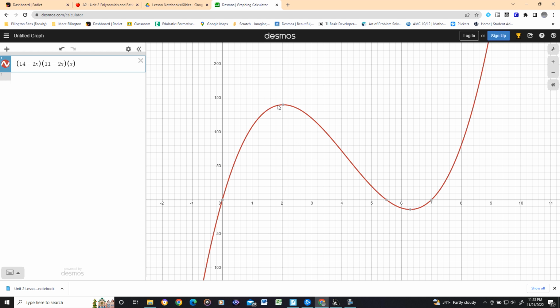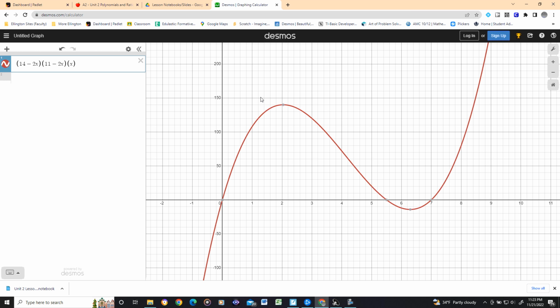Now, when you have a situation like this, where you're only interested in part of the graph, and that part of the graph has a maximum or a minimum, we call that a relative max, or in this case, a relative minimum.